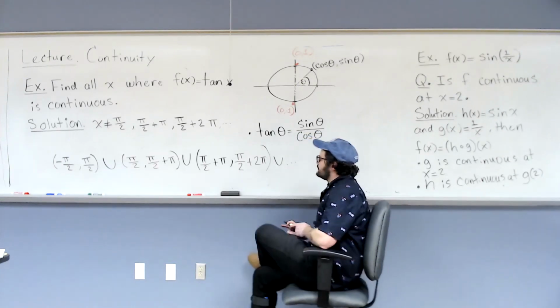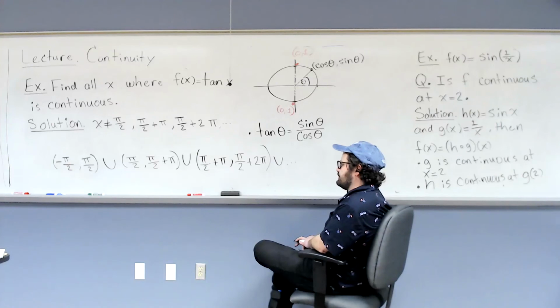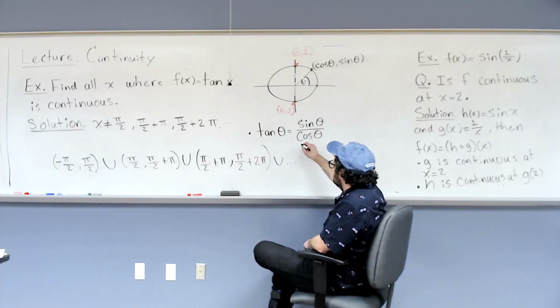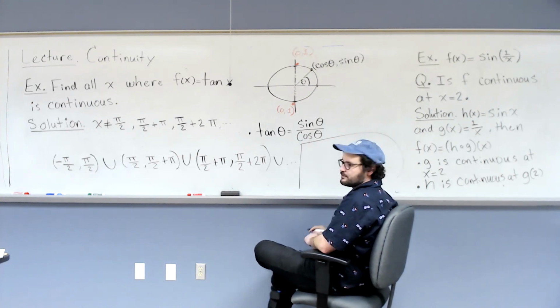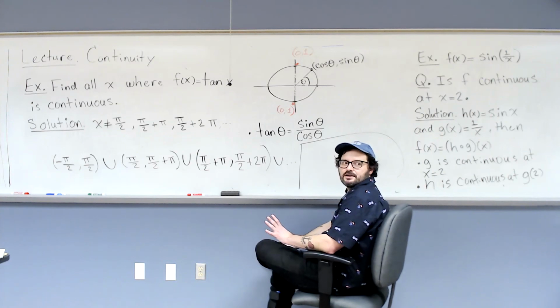So it looks like I'm getting messy with my interval notation, but I'm trying to think of a way to write this to really capture what's going on.